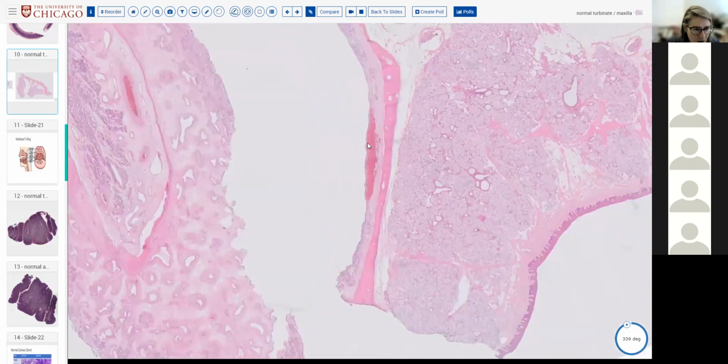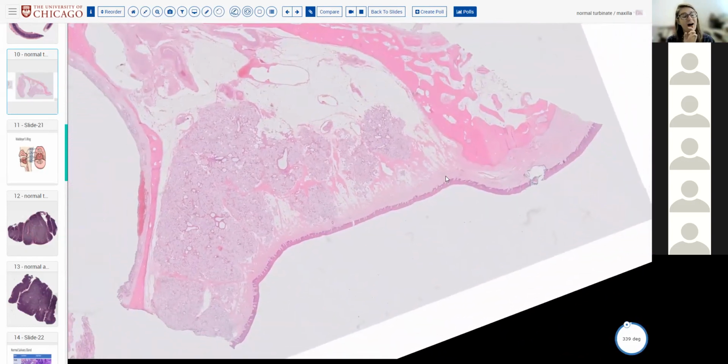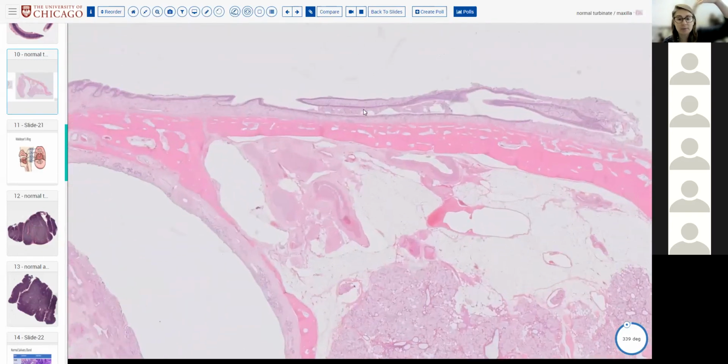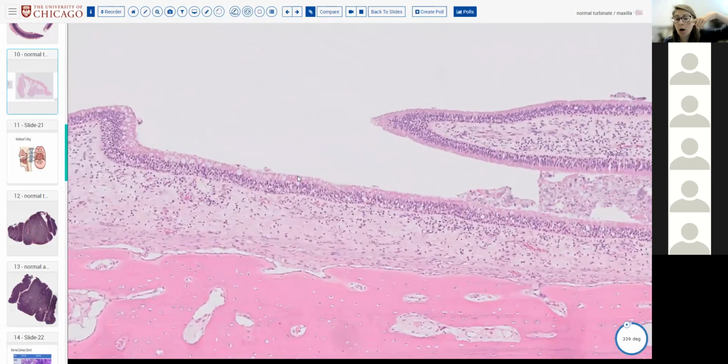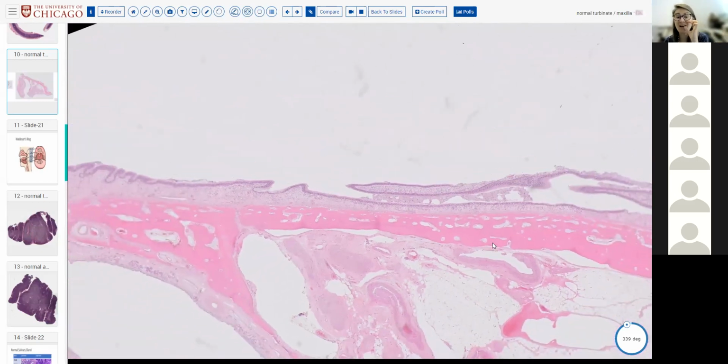Then you have your other anatomic sites. You have some bone, and some of the bone is lined by squamous with mucinous glands, and some of the bone is lined by respiratory. So up here where it's lined by respiratory, this is the wall of the maxillary sinus. This is respiratory mucosa. And what's right under the maxillary sinus?